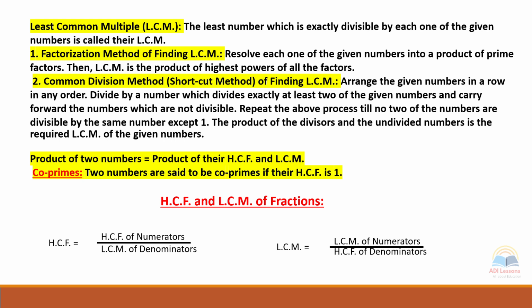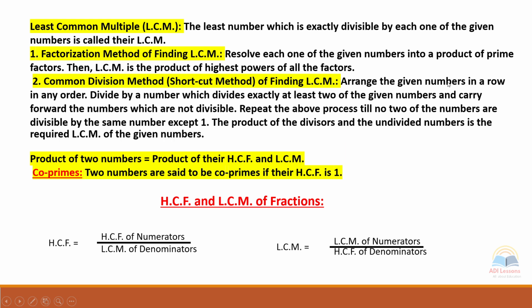First one, factorization method of finding LCM. Resolve each of the given numbers into a product of prime factors. Then LCM is the product of highest powers of all the factors. Second one, common division method, shortcut method of finding LCM.